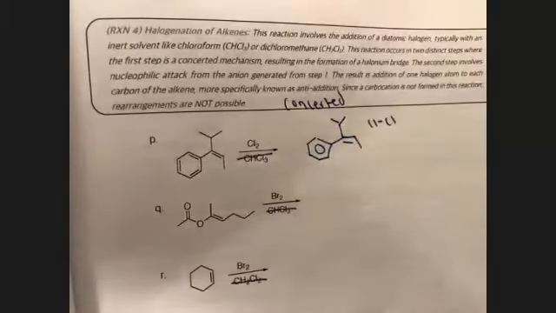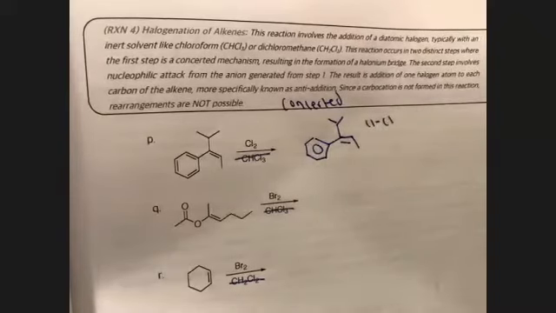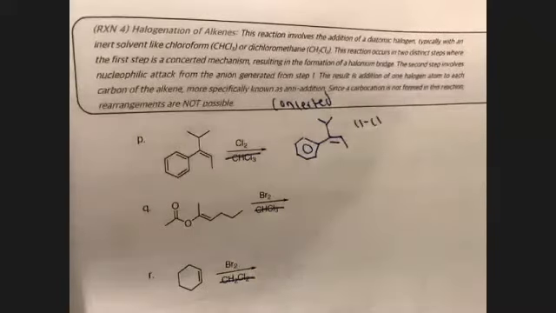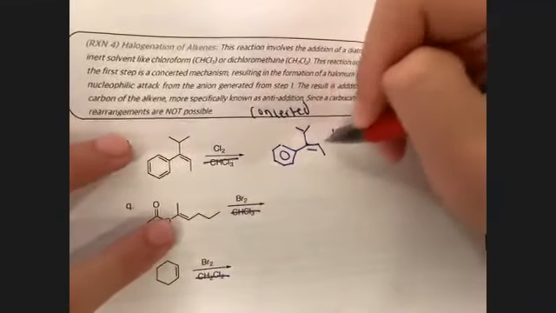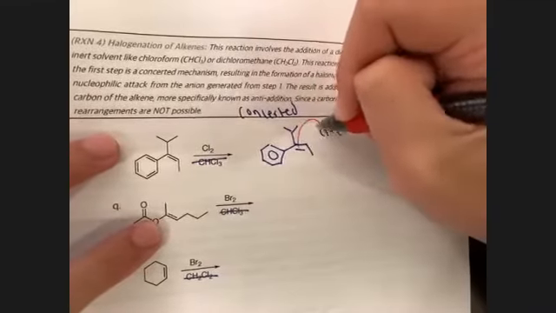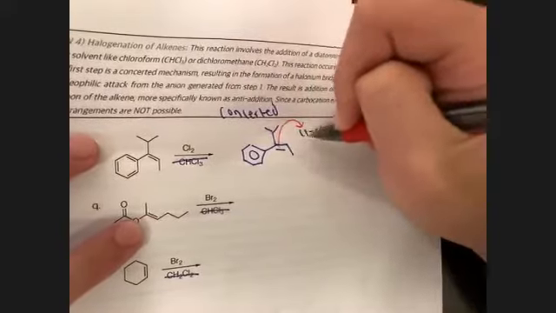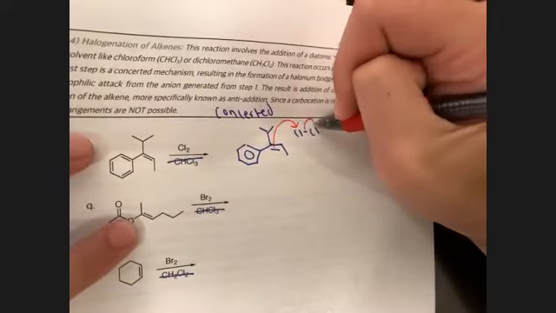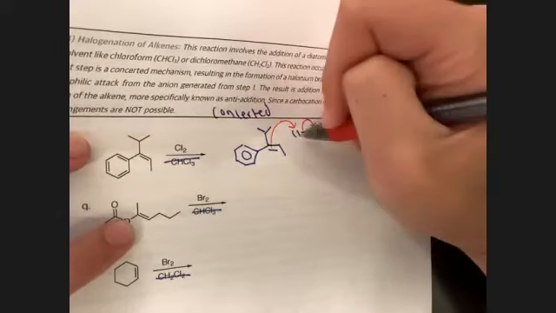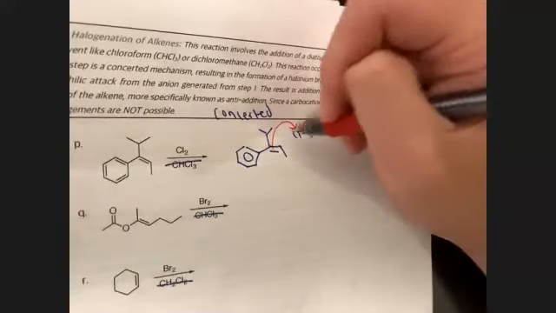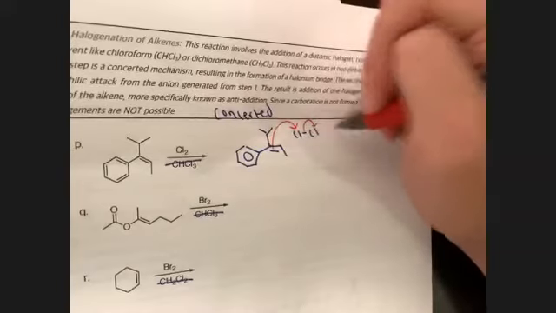My mechanistic step is going to be this nucleophilic pi bond grabbing this chlorine. Then this chlorine breaks, because you can't exceed the amount of electrons on this chlorine. If I formed this bond to it, then it would have 10 electrons instead of 8, so we have to break chlorine.